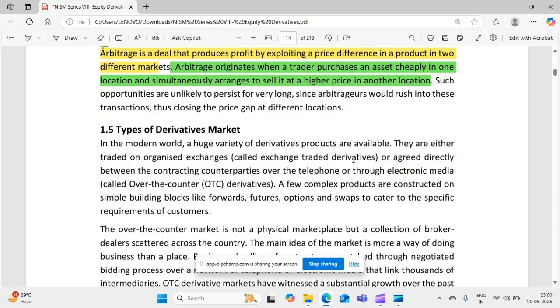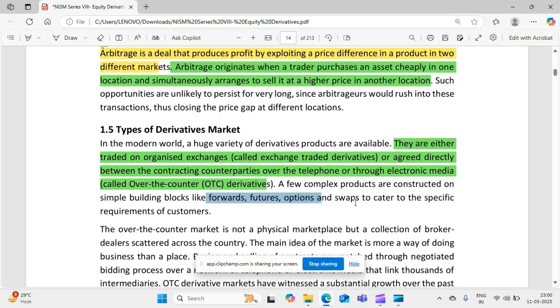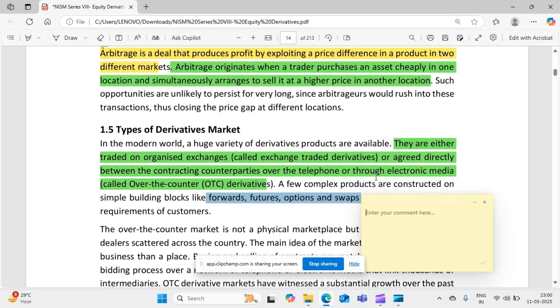But remember one thing: forwards are always done on OTC, swaps are OTC, options can be OTC and exchange traded, but futures are compulsorily exchange traded. So four transactions are there that we are referring to, and they can be either done on exchange or done OTC. Forwards will always be OTC.